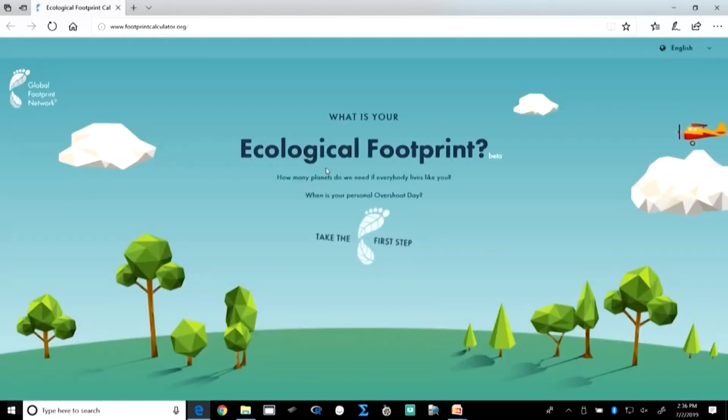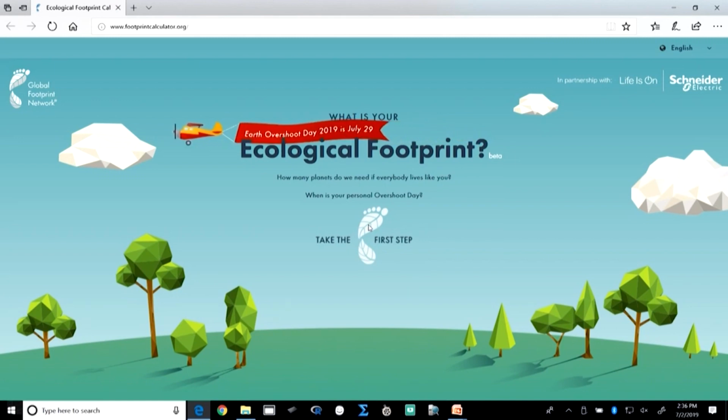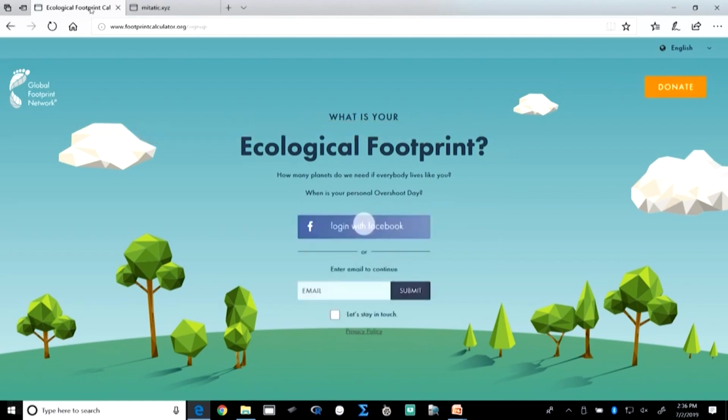some very interesting footprint calculators are available online, and we can get to know our own footprint. But this is ecological footprint, not carbon footprint, though it takes into account the carbon emissions largely.